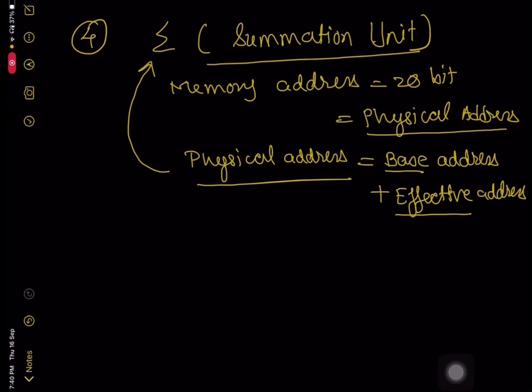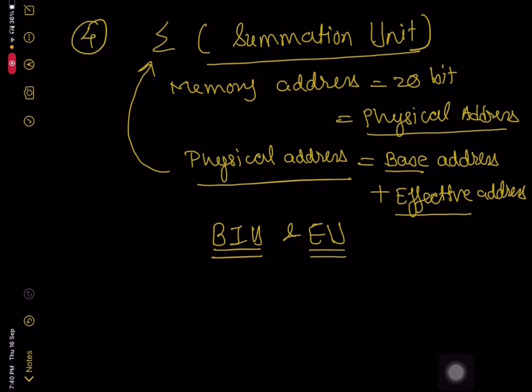Now the important part here is, we have studied today 2 parts of the microprocessor: bus interface unit and execution unit. Bus interface unit fetches the code from the memory, and execution unit executes that.